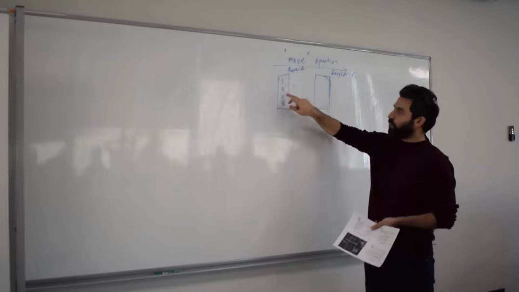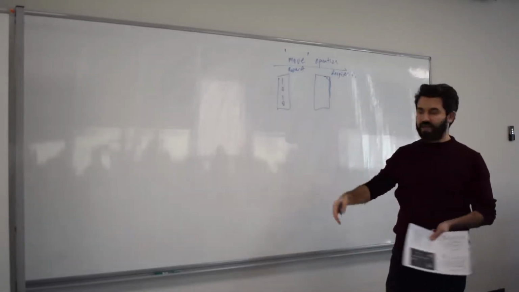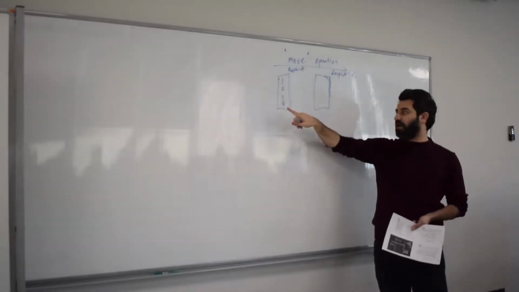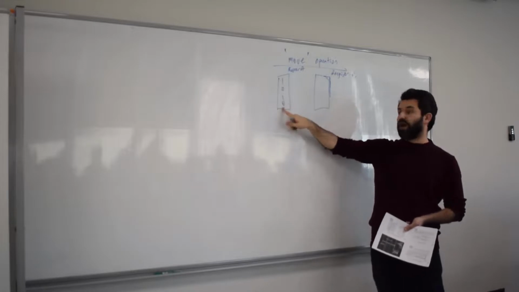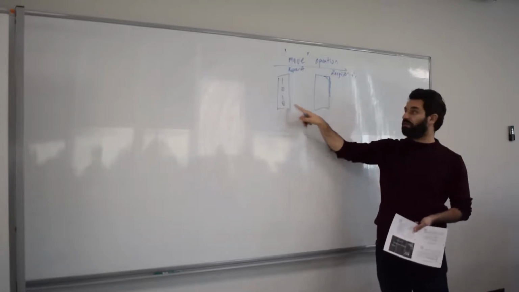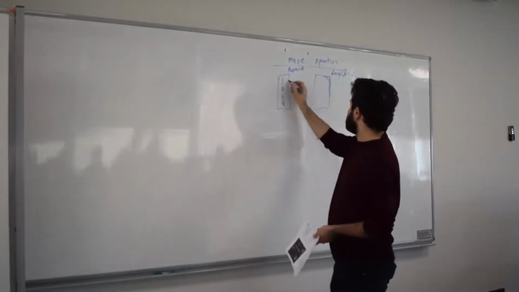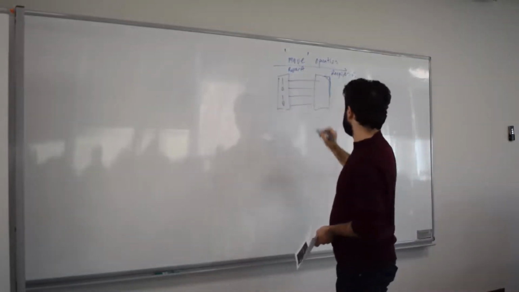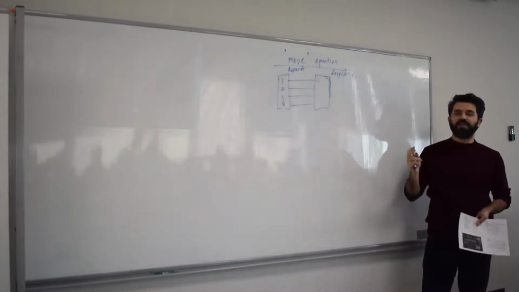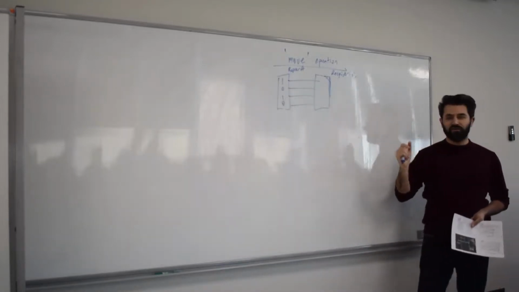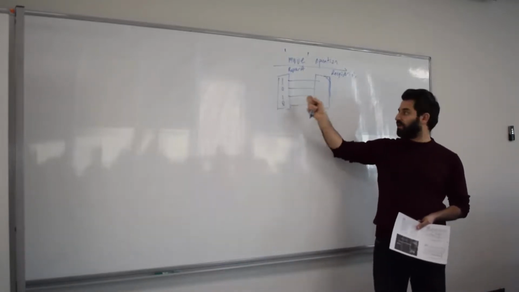But this register A stores 4 bits with 4 flip-flops, let's say, and I want to transmit, or let's say copy, this information to register B using parallel wires, okay? All it takes is a single clock cycle to transfer all this information from here to here.